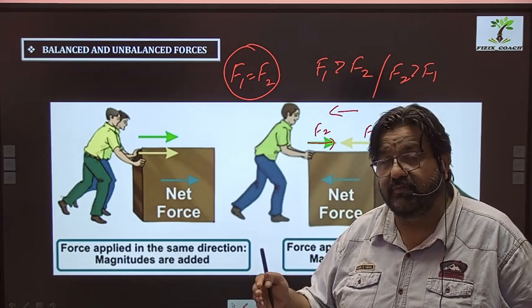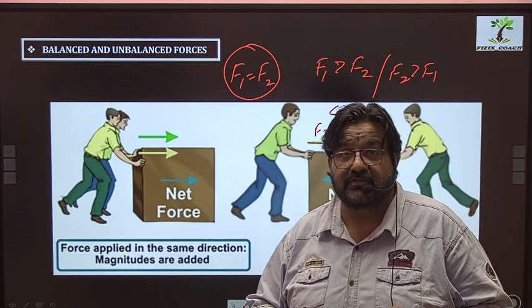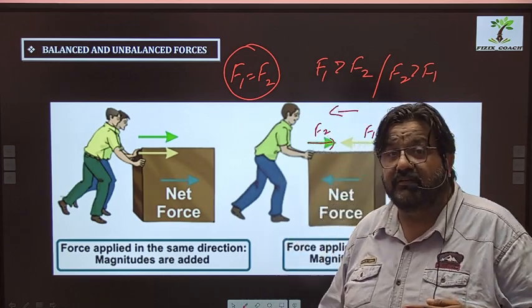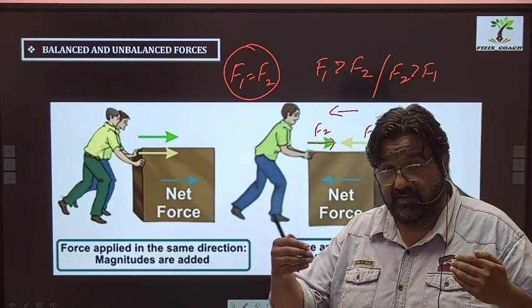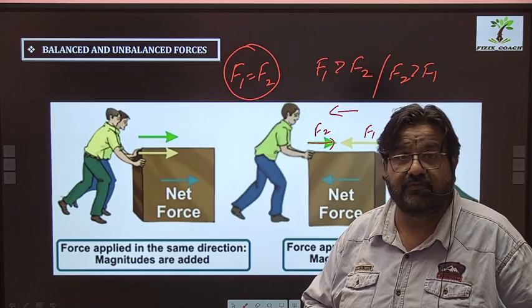The speed will not increase or decrease. So a moving object may also be acted on by some balanced forces.